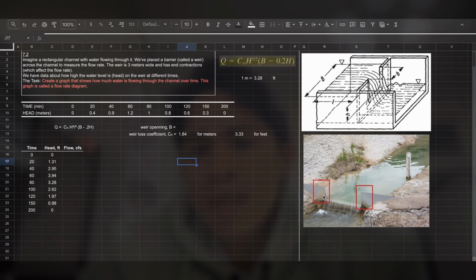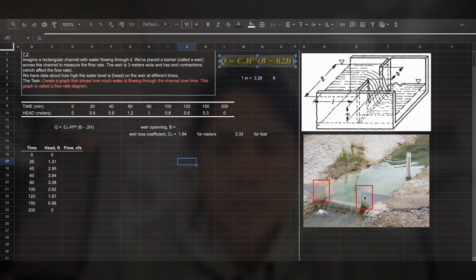Now, it's not as simple as multiplying the opening times the height of the water. We have an equation here that has been derived and better approximates the flow on a weir channel with contracted sides.